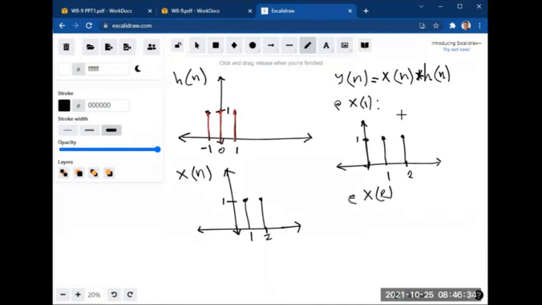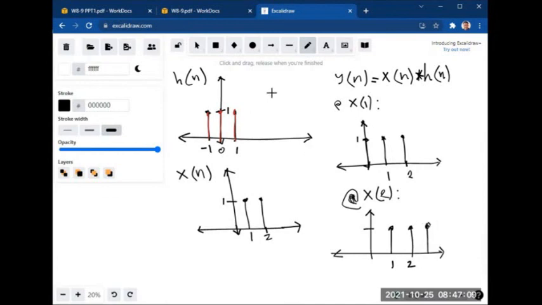Then at x of 2, what will happen to our impulse is, at time 0 will be at 2, height 1. Then the negative 1 will be here at 1. Then this one will be here at 3.